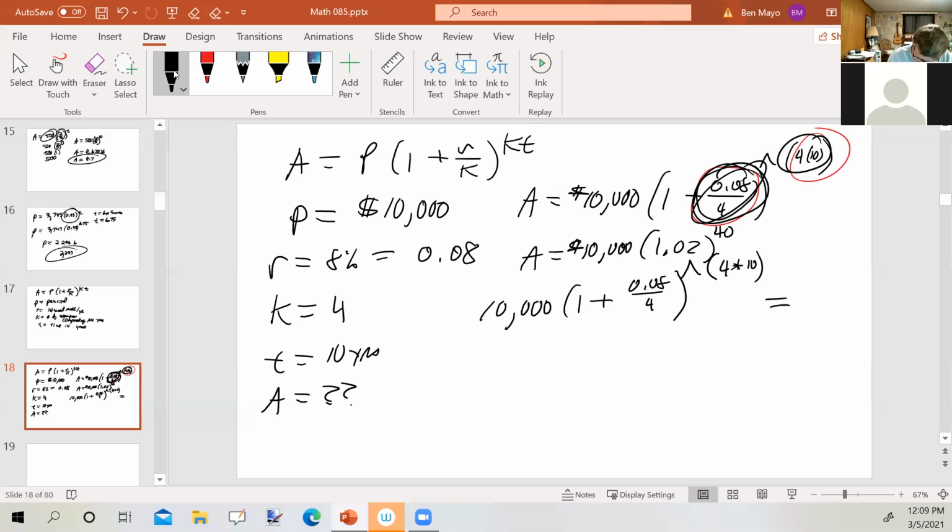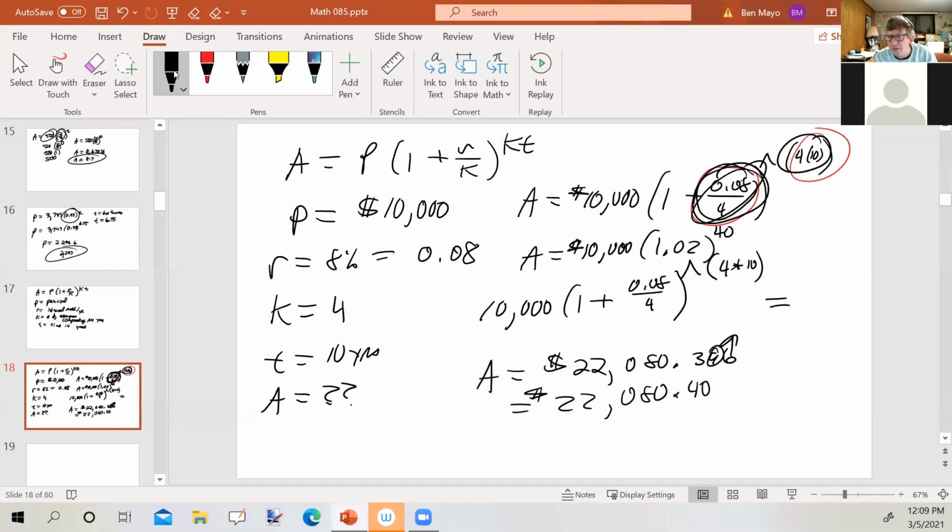And I come up with $22,080, and then it's 0.396, etc. But rounding to the nearest cent, the 9 would round up. So you'd get $22,080 and a whopping 40 cents.